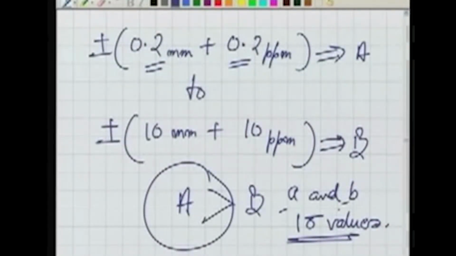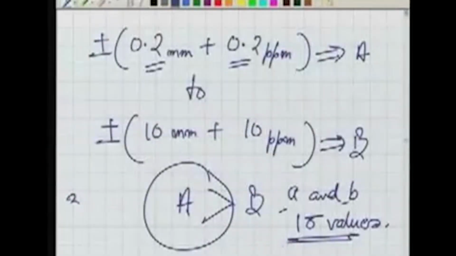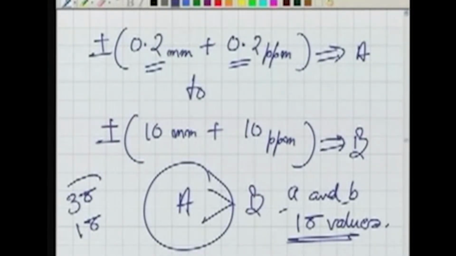Whenever you are purchasing an instrument, whenever you are talking to a vendor, it is important that we should know what A and B are. Are they at 3 sigma or at 1 sigma? We have to inquire this, because by making our inquiry we will come to know what the instrument can do for us, what kind of accuracies the instrument can give us. Okay, another thing about the A and B.